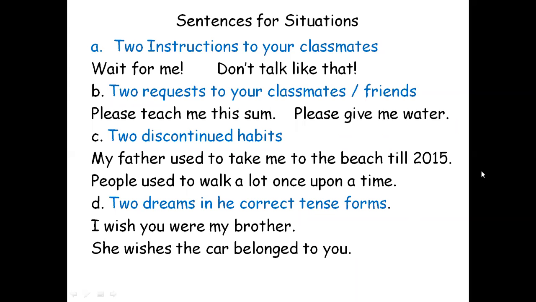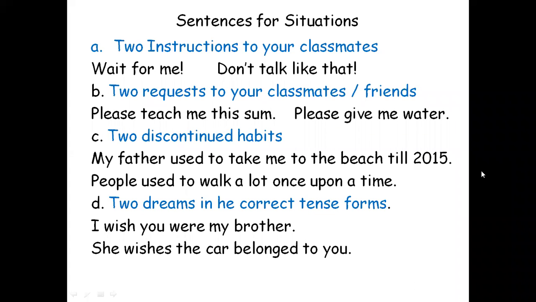It means my father is not in the habit of taking me to the beach now. That is, he has stopped taking me to the beach now. That is the meaning.